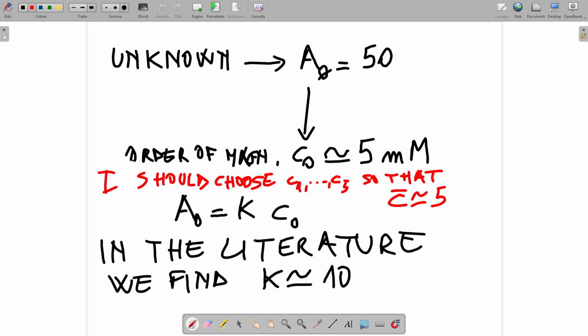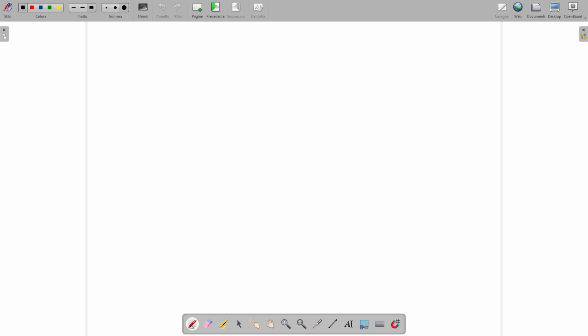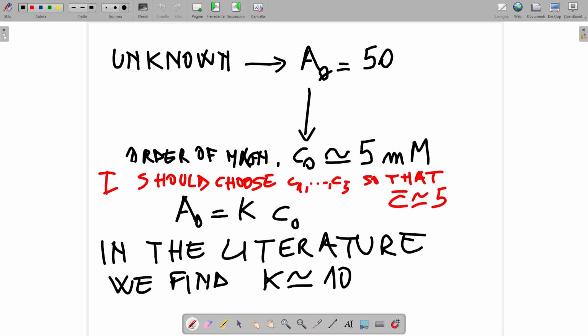So I want C1 to be as low as possible with respect to C average equal to 5. So the first choice, Professor, can you tell me if it is right?